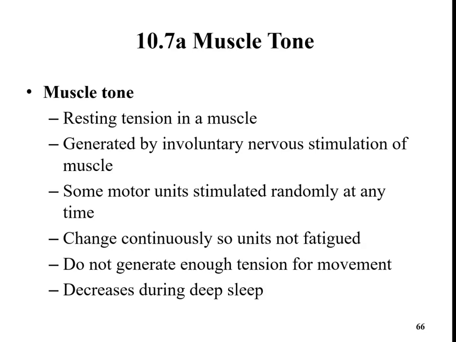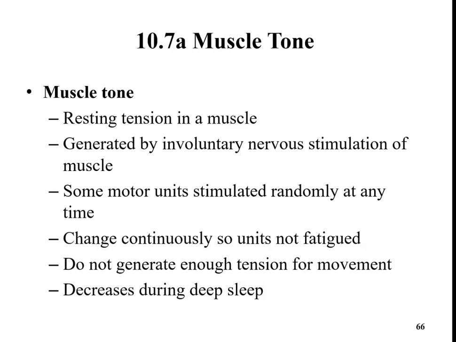Muscle tone. This is resting tension in a muscle generated by involuntary nervous stimulation of the muscle. Some motor units are going to be stimulated randomly at any time, and then they switch around, so they're changing continuously so one particular motor unit doesn't become overly fatigued.